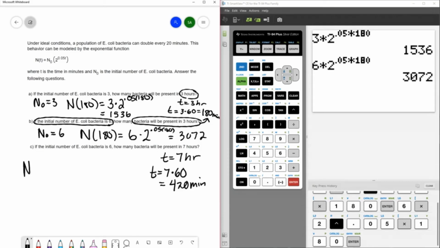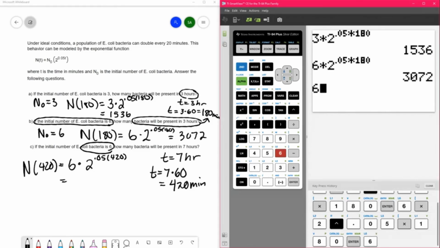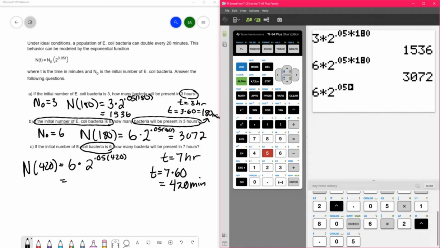So we want to find N of 420. And we have an initial amount of bacteria being 6, stated right here, times 2 to the 0.05 times 420. So we'll type in our calculator 6 times 2 to the 0.05 times 420.